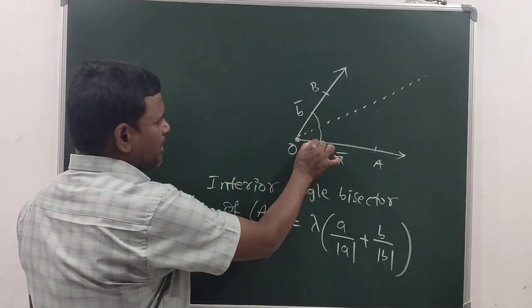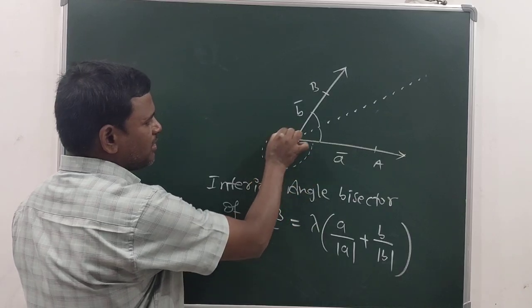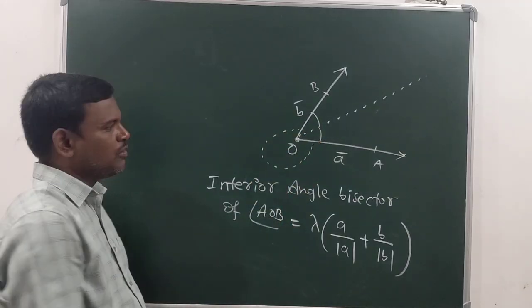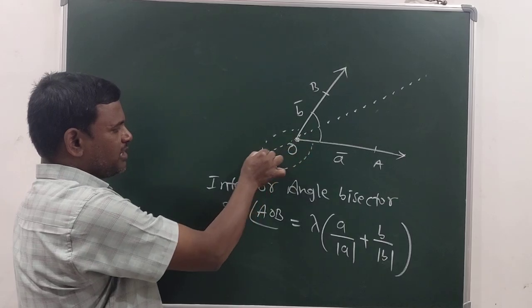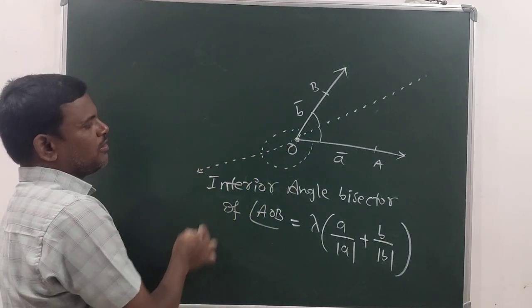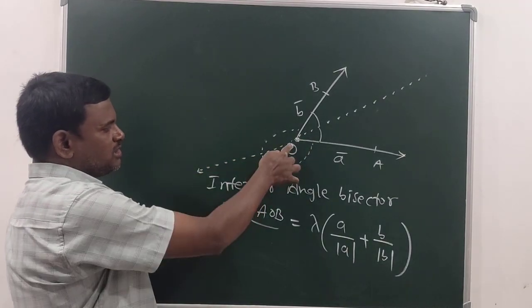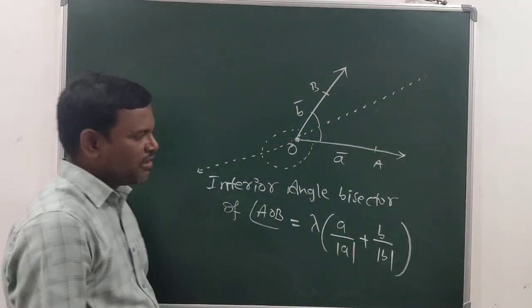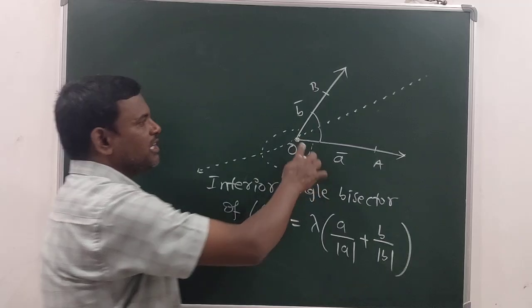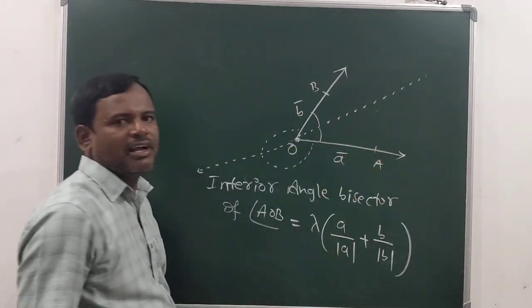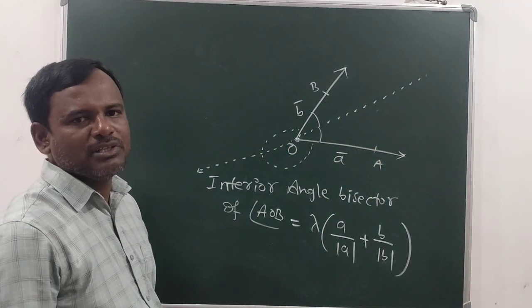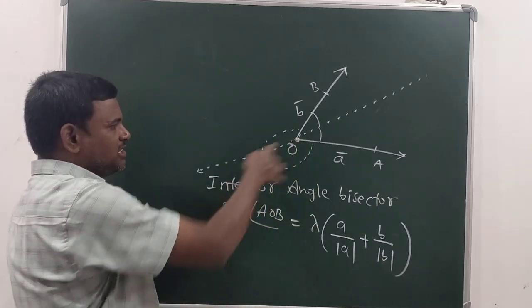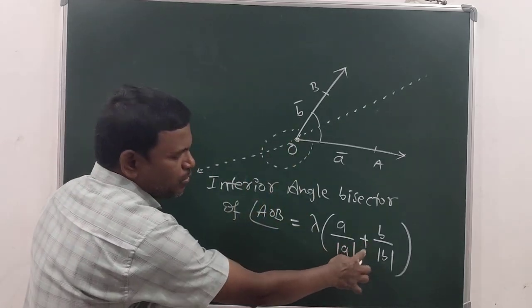So sometimes they may ask you for the exterior angle bisector. This is the exterior angle. For its bisector, you have to extend this side. So this is the exterior angle bisector and this is the interior angle bisector. If you apply this formula, you will get the interior angle bisector: lambda into A by mod A plus B by mod B. For the exterior angle bisector, in the middle you have to take minus.